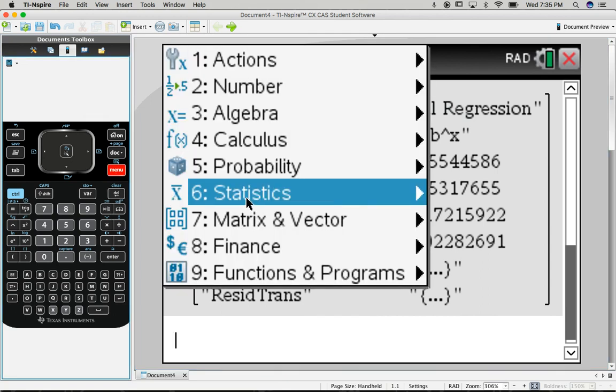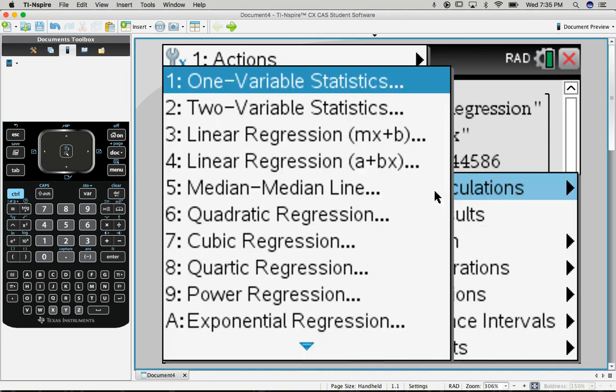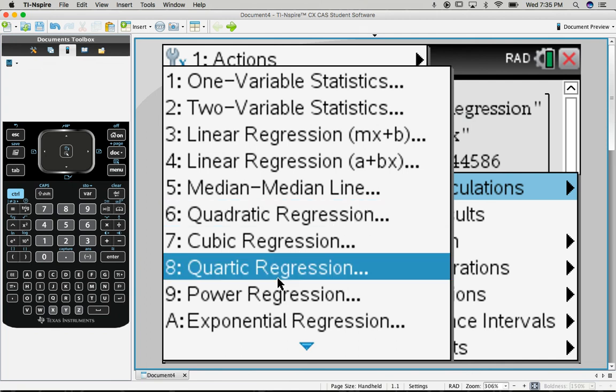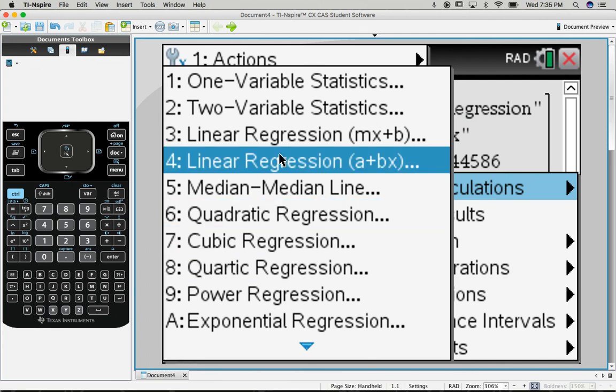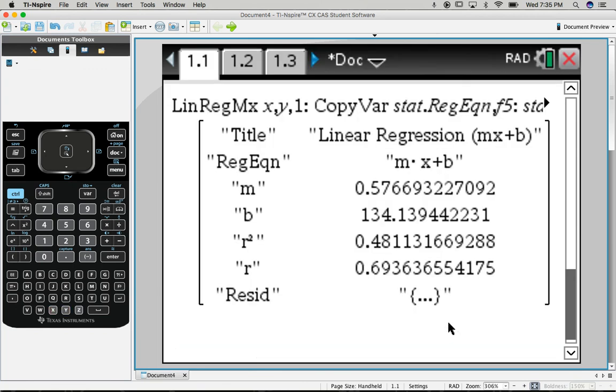But again, if you want to, you can go ahead and do stat results here. I believe you can still do quadratic regression and linear regressions from here. It would be X, it would be Y, and there's a linear regression. So you could do a linear regression or you can do quadratic.